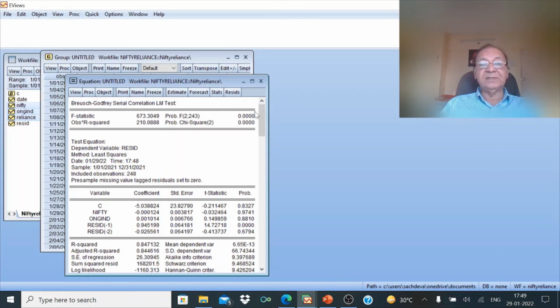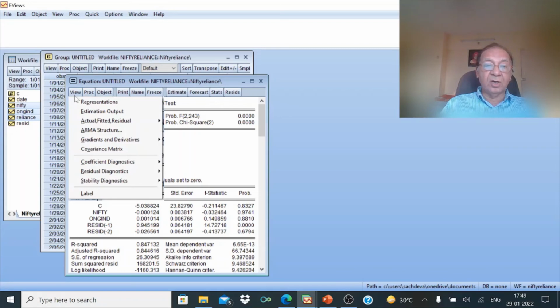We can see this F-statistic and observed R-squared and then probability chi-square 2. This test is called the Breusch-Godfrey serial correlation LM test, whether the residuals are serially correlated or not.